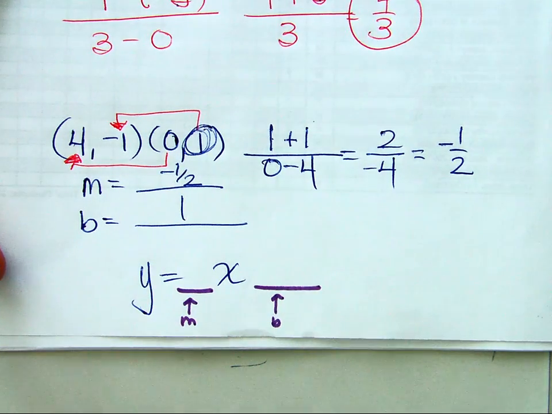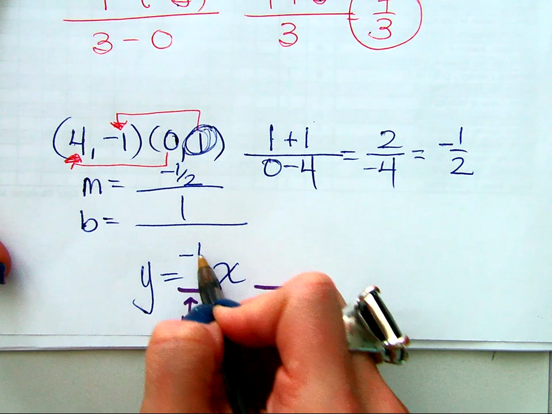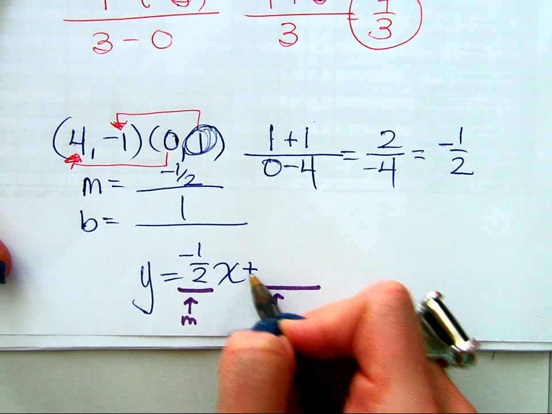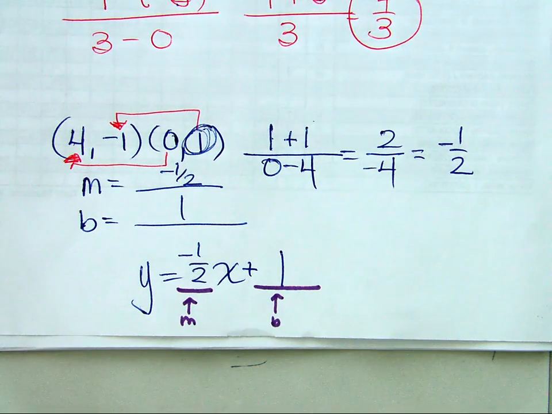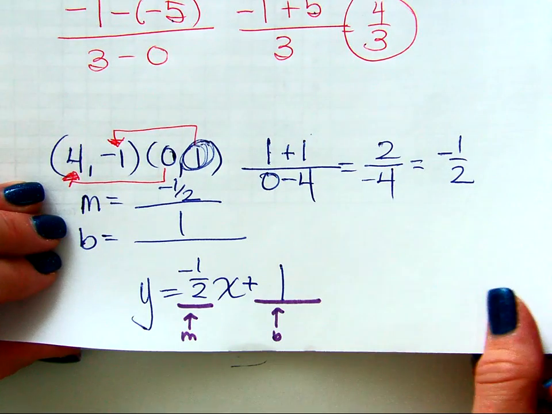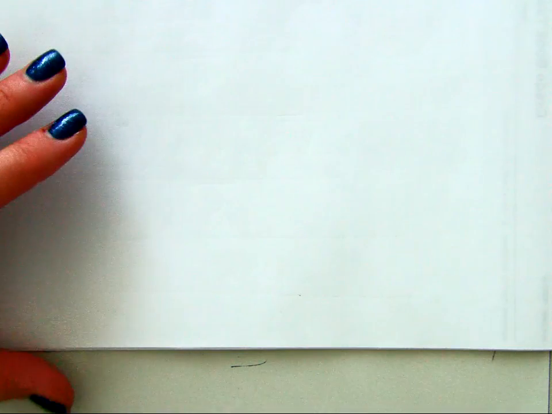And my y-intercept is 1. So do you have -1/2 x plus 1? Yes, hopefully? Yep, okay, good. So you're set on that. And then I have one more type of problem to show you, and you are done for the day.